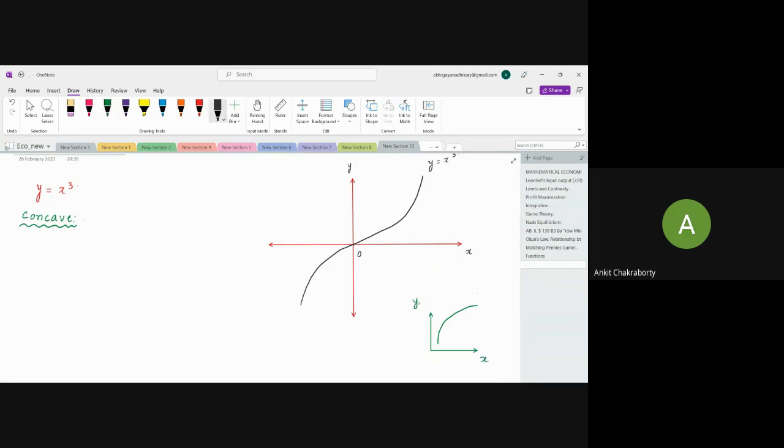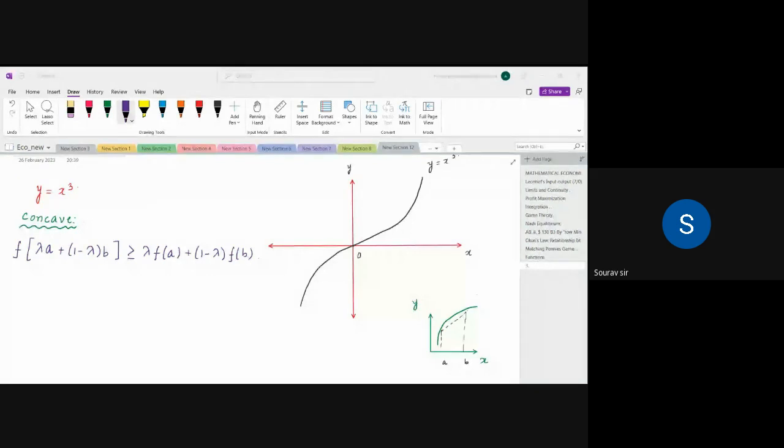The function of lambda a plus 1 minus lambda b is greater than or equal to lambda of f(a) plus 1 minus lambda of f(b), where lambda is between 0 and 1, and a and b are two points on the x-axis. Correct. This is concave. That is, the function is above the line. That is how the definition goes.